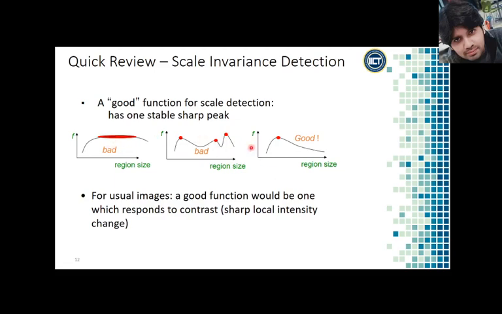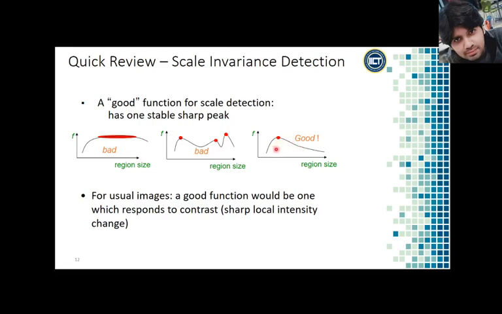By finding a good single response, we mean that it should have the gradient in all directions rather than a single direction. In this case it's a flat region, and we do not want to detect such a region. In this case there are some peaks, but there are many responses, and we do not want multiple responses, we need a single response.